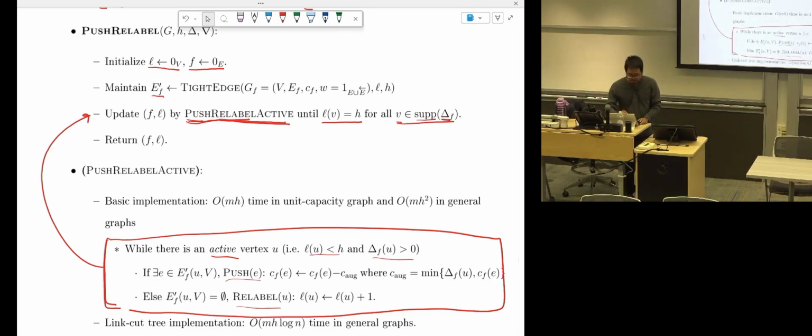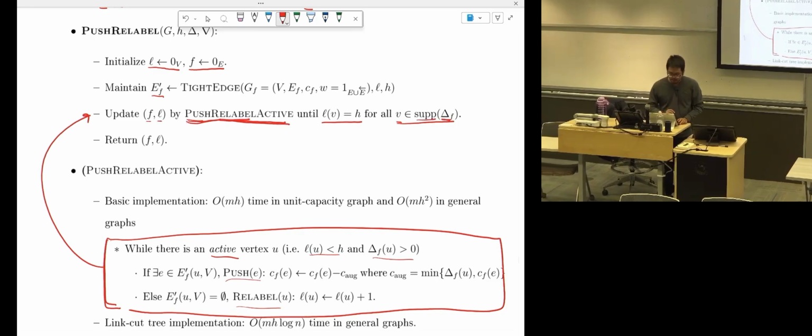We update F and L using this loop until every node with excess has level h.